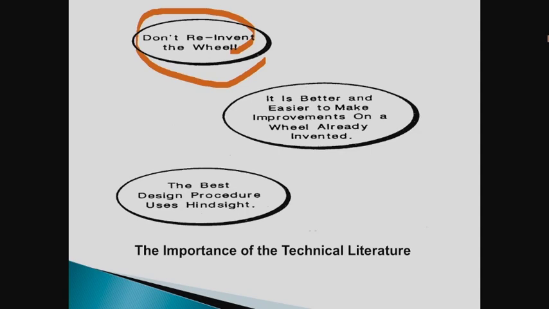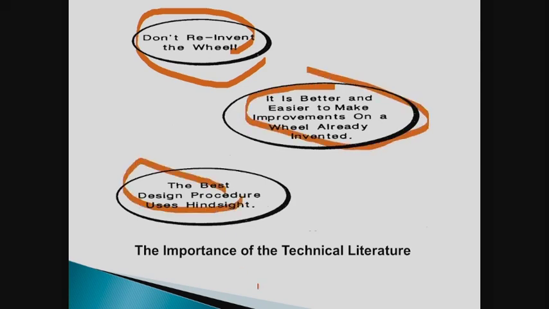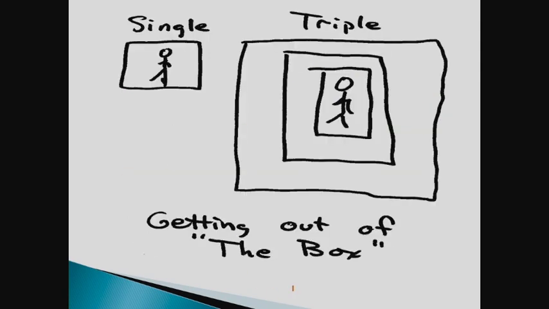Wait a minute, I don't think it was a paint company. I think it was a food company. Yeah, a food company had that problem. I see a lot of companies have a lot of issues. Communication is probably one of the more significant problems that companies have. People don't talk to each other. It's a shame. Anyway, it's better to make improvements on the wheel already, and hindsight is the best design procedure.